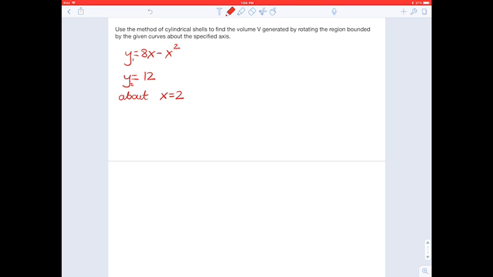Let's find the points of intersection. 8x minus x squared equals 12. Let's say x squared minus 8x equals negative 12.